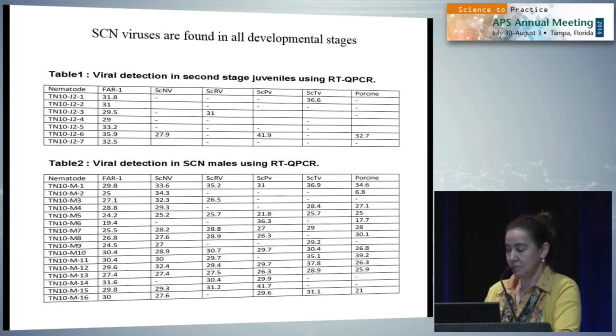And those nematodes, particularly the males, seem to have higher virus load, and that seems to suggest that the viruses may have been accumulating into the adult stage, and mostly the males.